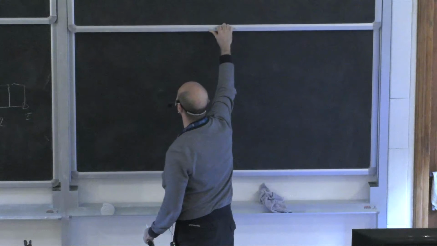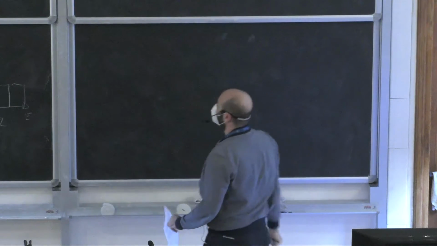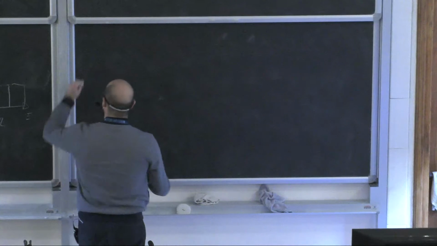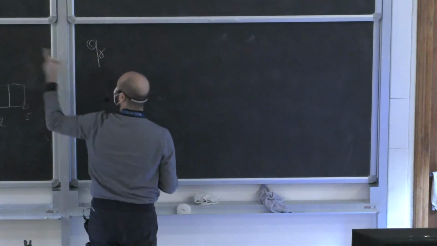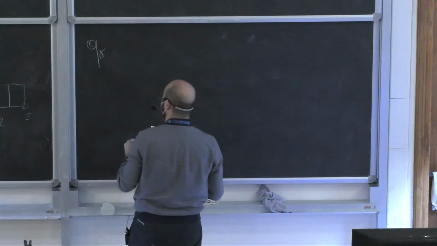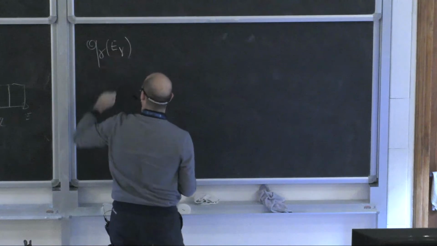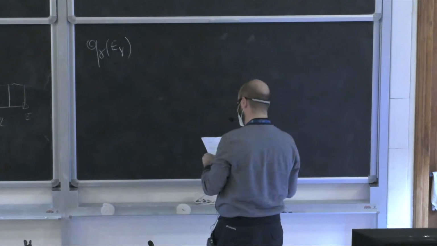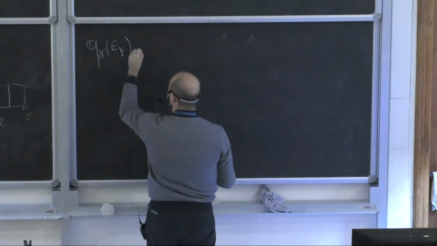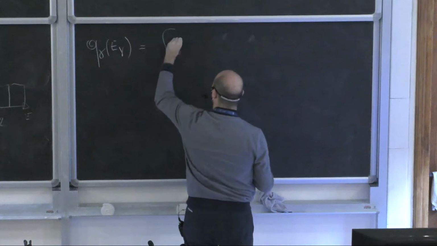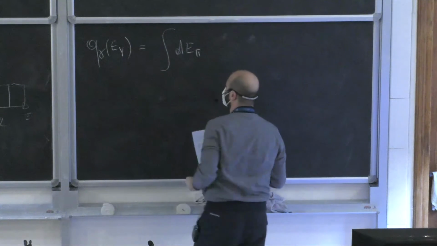Second step, once I have the pion spectrum, how do I compute the photon spectrum? Well, we know all the key information. Let's plug them together in the formula. This is going to be the integral over all the pion spectra.